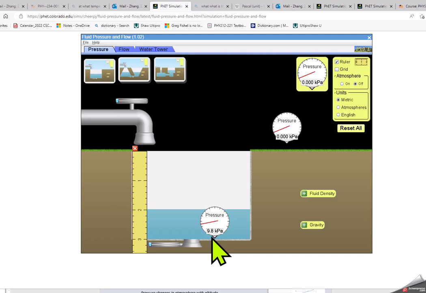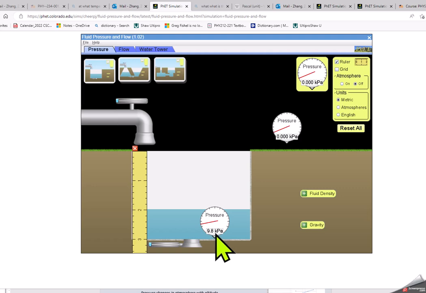I will ask you to prove this number numerically, even though it's pressure. The 9.8 is coming from g, because of 1 density and 1 meter, and therefore the numerical value of g becomes the pressure units, so 9.8. So if you increase 1 meter of water underneath, you have 9.8 kilopascal.